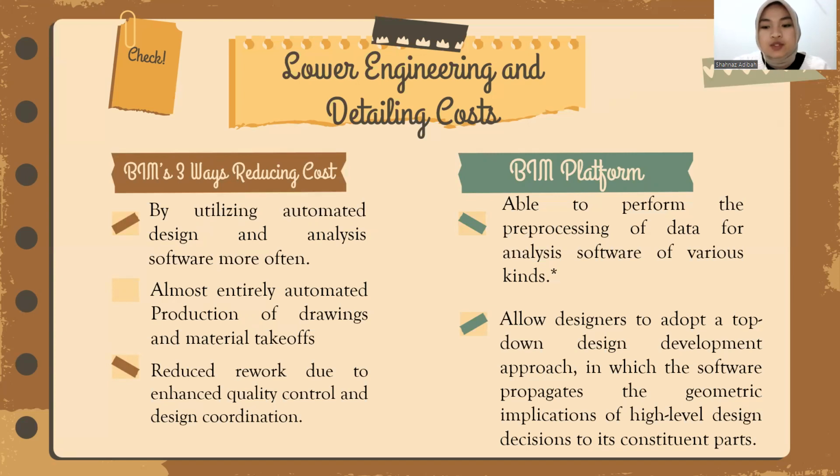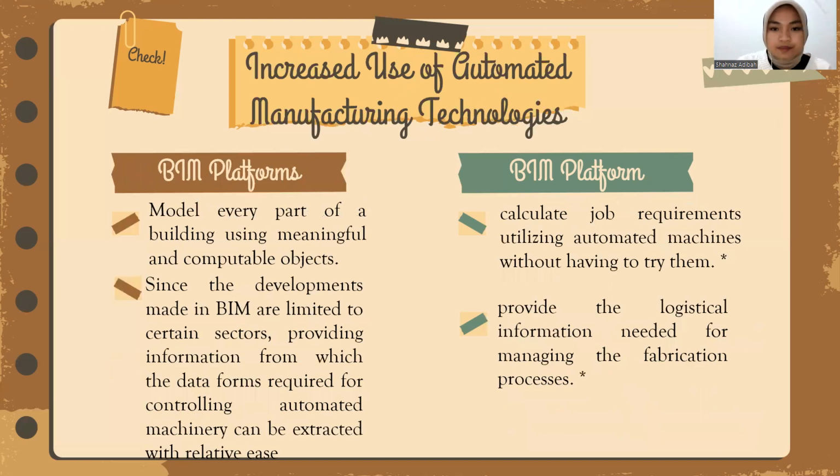BIM platforms are able to perform the pre-processing of data for analysis software of various kinds. And BIM also allows designers to adopt a top-down design development approach in which the software propagates the geometric implication of high-level design decisions to its constituent parts.